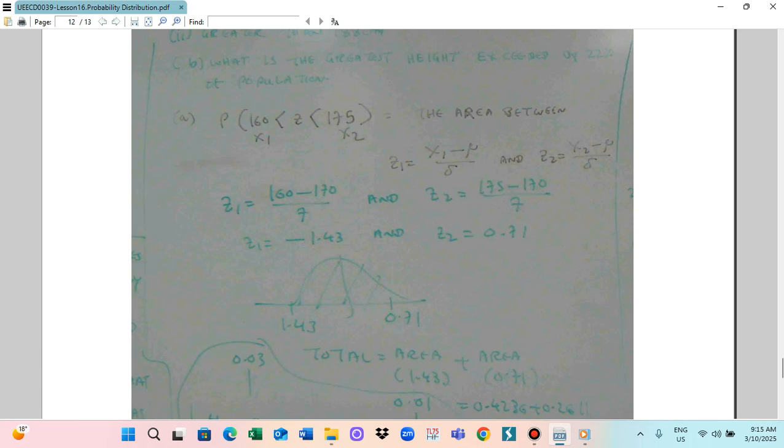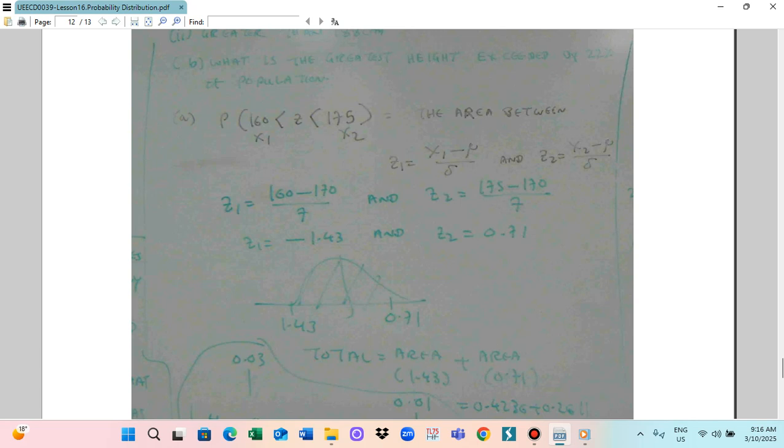Z1 is equal to 160 minus 170 divided by 7, and Z2 is equal to 175 minus 170 divided by 7.